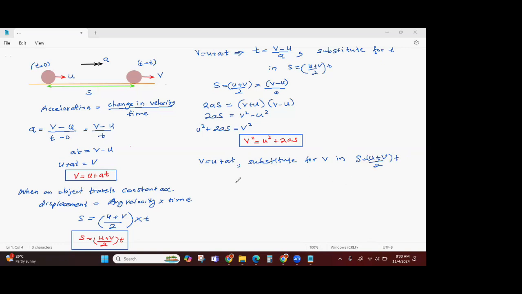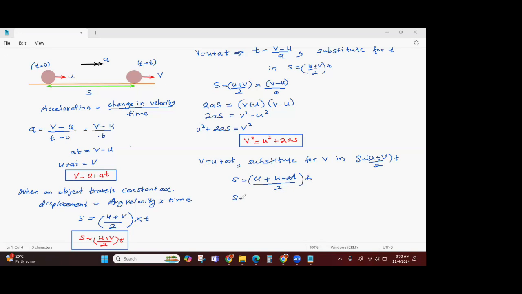So I can write s equals u plus, for the v I have to write u plus at, and the whole thing divided by 2 into time.